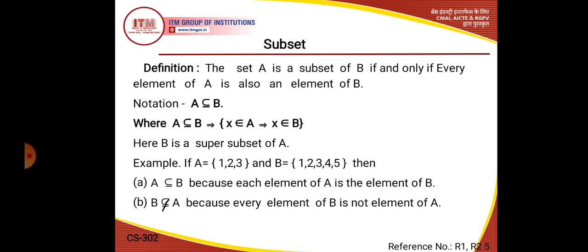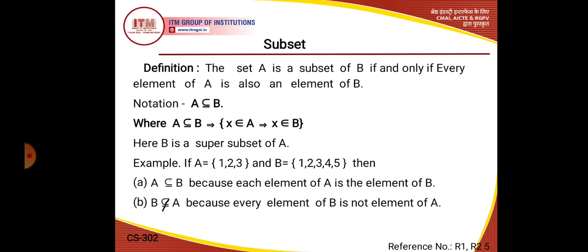Now understand the definition of subset with the help of example. In example, we are having two sets, capital A, in which 3 elements are there, 1, 2 and 3, and in capital B 5 elements, 1, 2, 3, 4, 5.